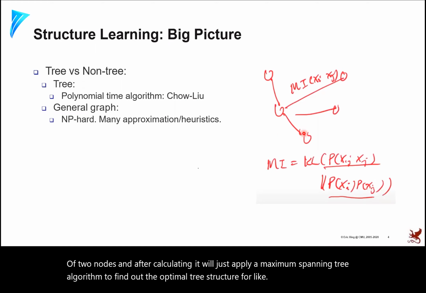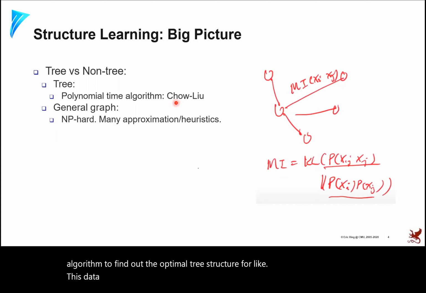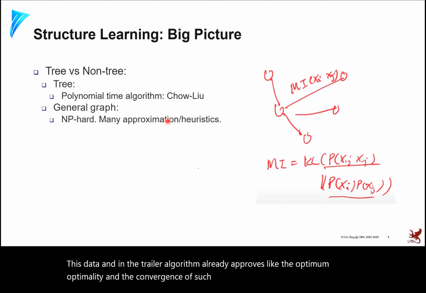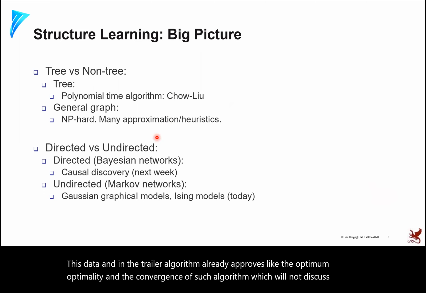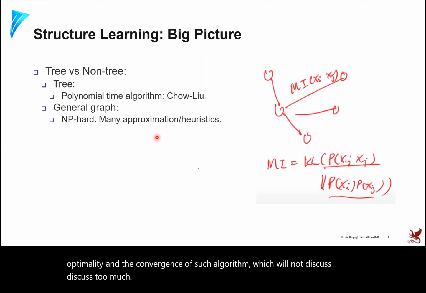In the lecture, the Chow-Liu algorithm already proves the optimality and the convergence of such an algorithm, which we will not discuss too much. What we focus on more today is the general graph structure.